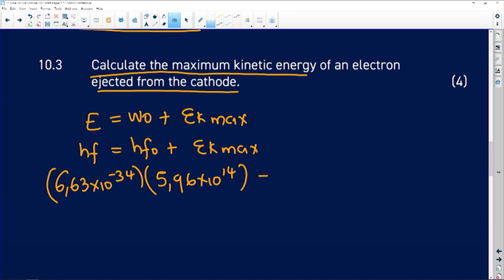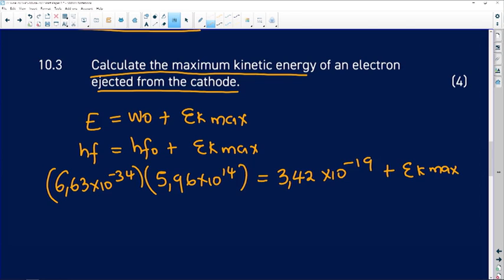All right, then equal to our hf now. Now the work function is given as it is. Remember, we had 3,42 times 10 to the power negative 19, and then plus EK max.